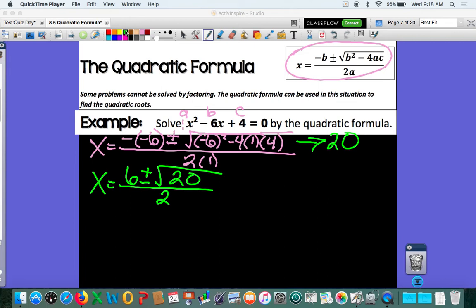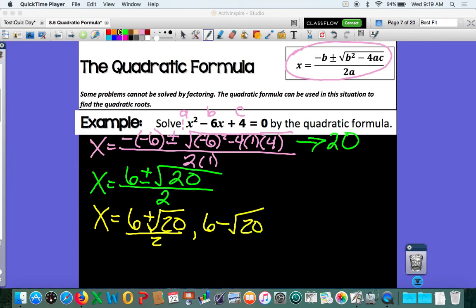It has a plus sign and a minus sign. So in order to deal with that, we have to split our problem into two pieces. So we have x equals 6 plus the square root of 20 over 2, and then we have 6 minus the square root of 20 all over 2.